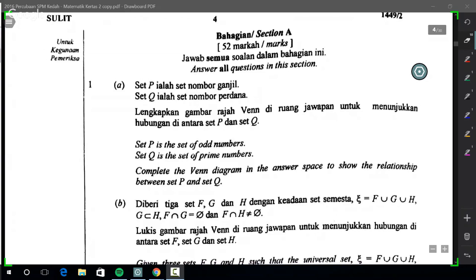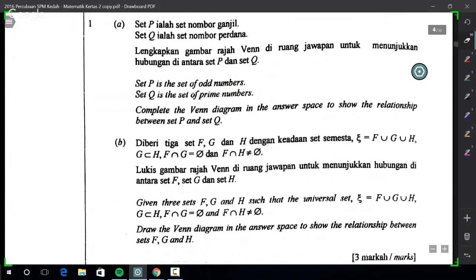Right, so let's have a look at the first question. The set P, this is in Malay, so I will use English. If you understand Malay, of course you can read the Malay one. The set P is a set of odd numbers, and the set Q is a set of prime numbers.